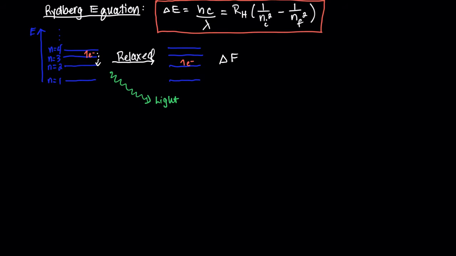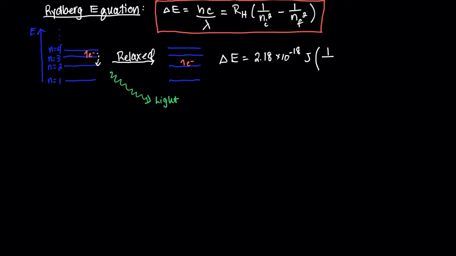So delta E is equal to R sub H, which from a few minutes ago I told you was equal to 2.18 times 10 to the minus 18th joules, times 1 over n sub i squared minus 1 over n sub f squared.